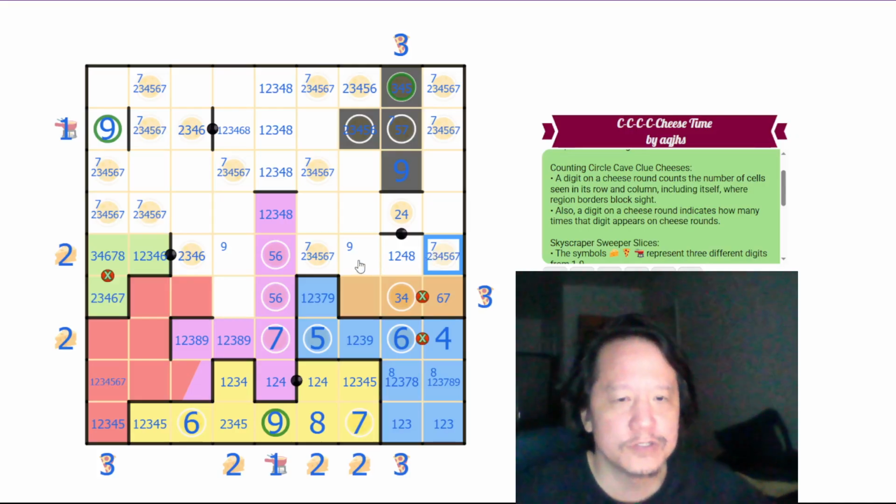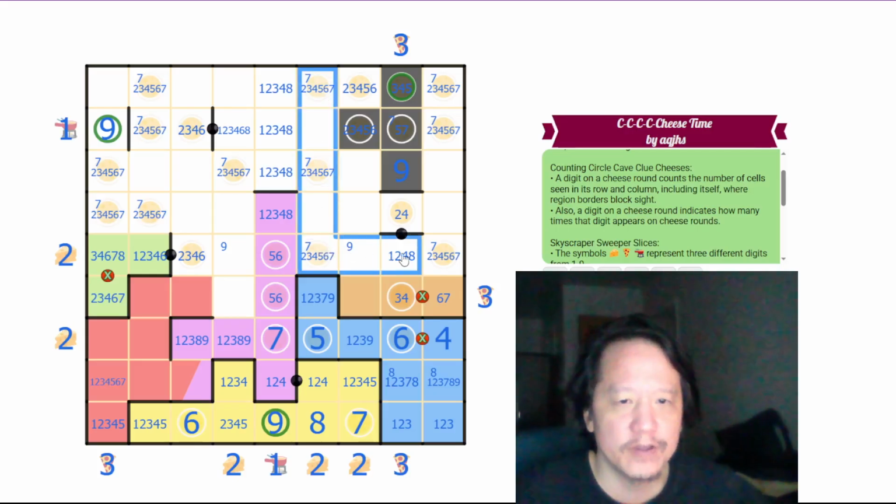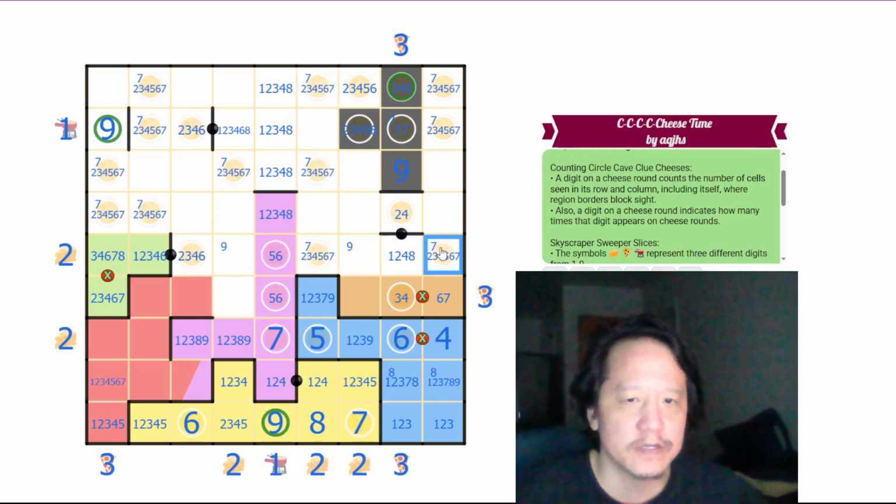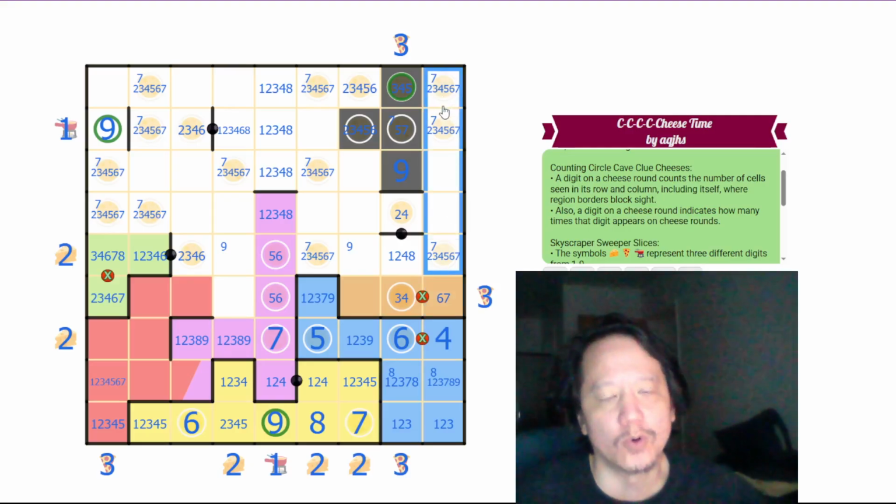Oh, that's interesting. If 7 is here, it'd have to see 5 here and then these two. That is potentially possible. If 7 is here, it would have to see 5. Could be, if it's not a part of orange, I don't think that works.